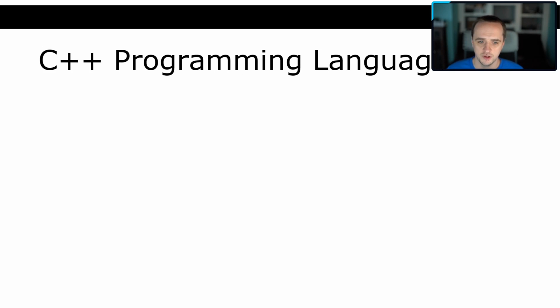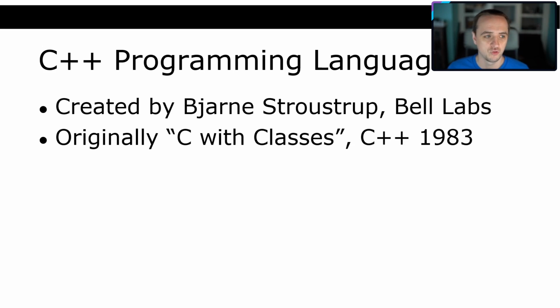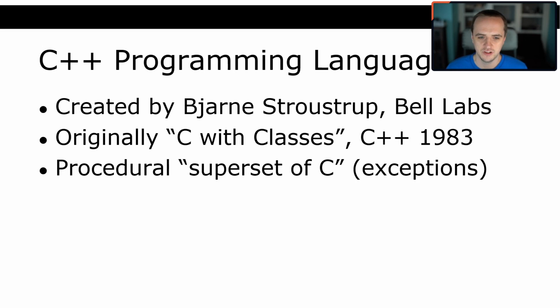So, C++ was created by Bjarne Stroustrup of Bell Labs, and originally referred to as C with classes back in the early 1980s. C++ is a procedural superset of C. And what that means is, and now there's always going to be C++ purists out there who say that C++ is not a superset of C, but for our practical purposes, 99% of the time, any C program will compile in C++, okay?